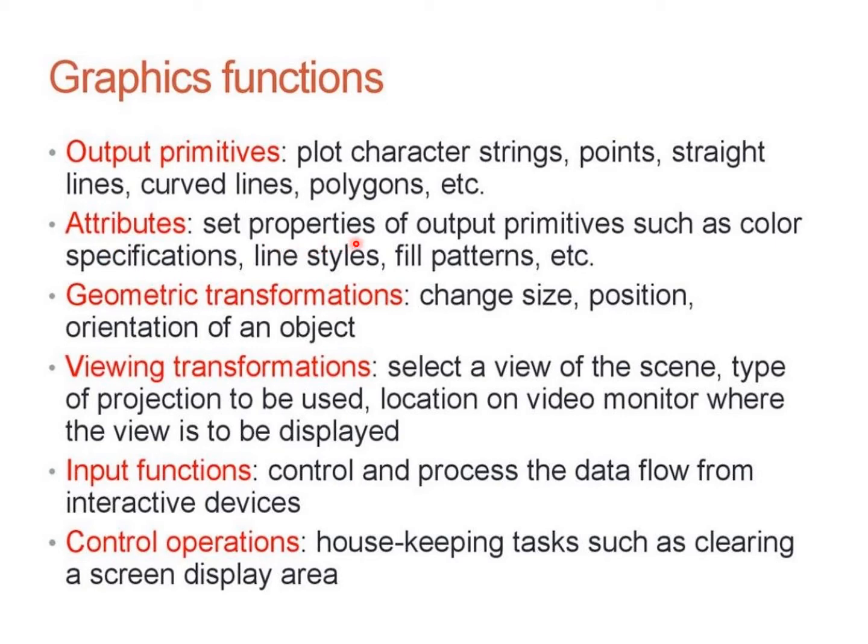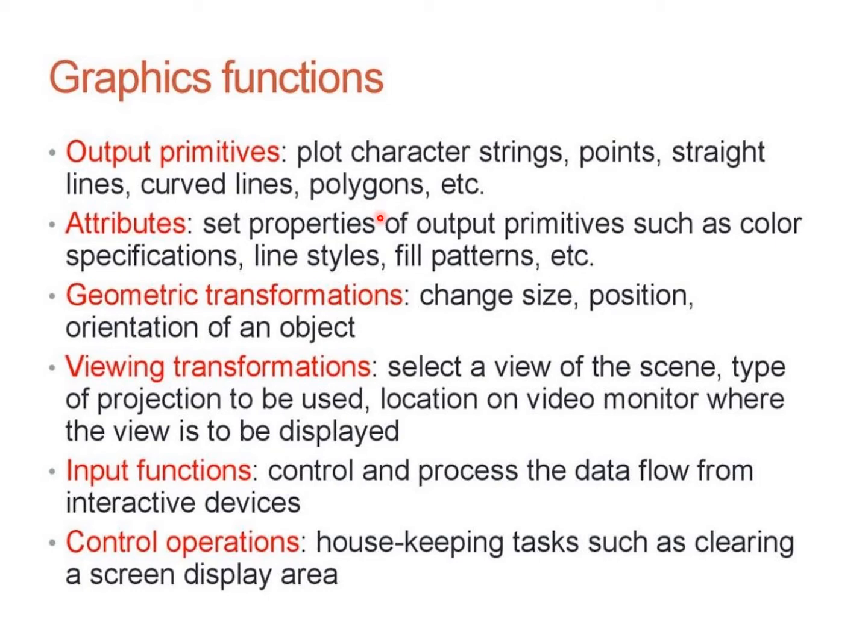Attributes. Set properties of output primitives such as color specifications, line styles, fill patterns, etc. After creating the object or image, what will we do? First of all, by using points, straight lines, curved lines or anything, we will create an object.